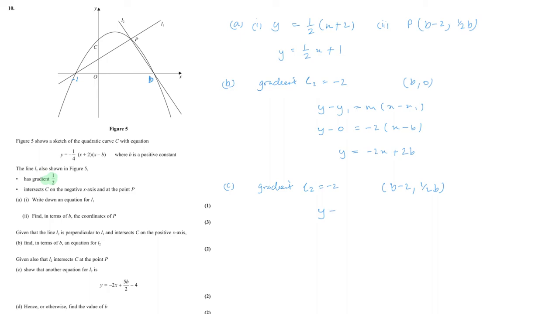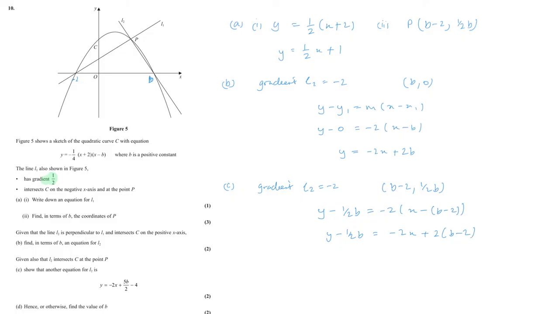So y minus y1 equals m x minus x1. So y minus a half b equals -2 x minus b plus 2.